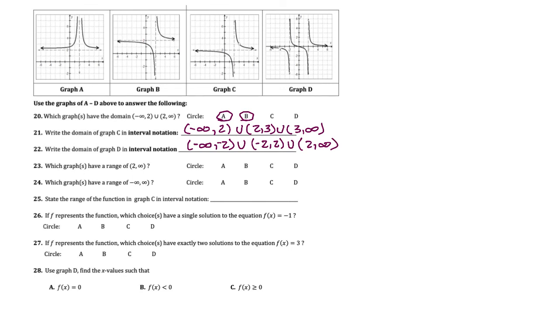Okay, number 23, which of the graphs have a range from 2 to infinity? That's going to be A. Number 24, which graphs have a range from negative infinity to positive infinity? That's going to be D. Number 25, state the range of the function of graph C. So that's going to be negative infinity to 2, union 2 to 3, and then union 3 to infinity.